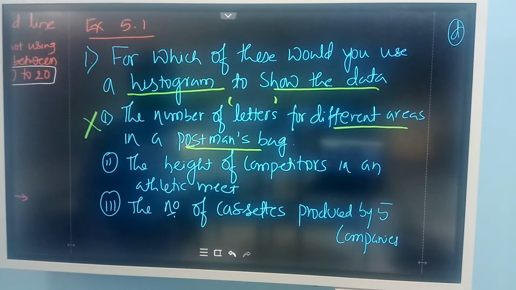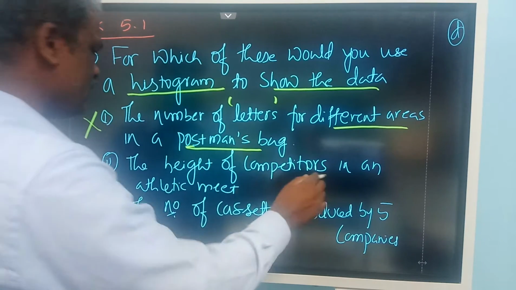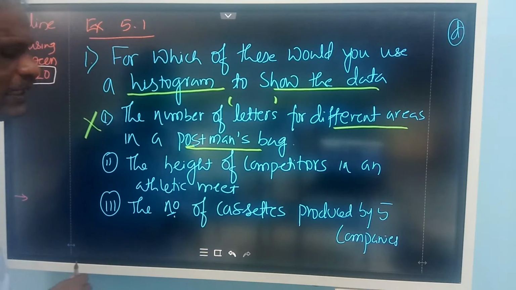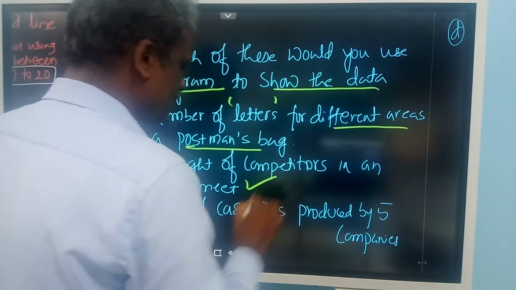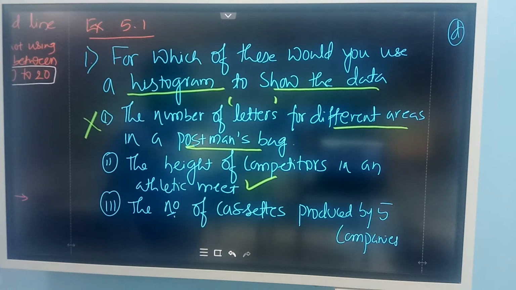Come to the second one. The height of competitors in an athletic meet. Height. Yes, we use it here. For example, 2 feet to 3 feet, 3 to 4 feet, 4 to 5 feet, 5 to 6 feet. Like that we can use along the horizontal axis.